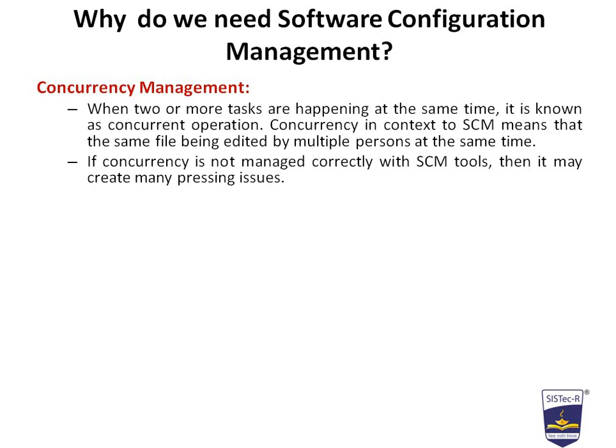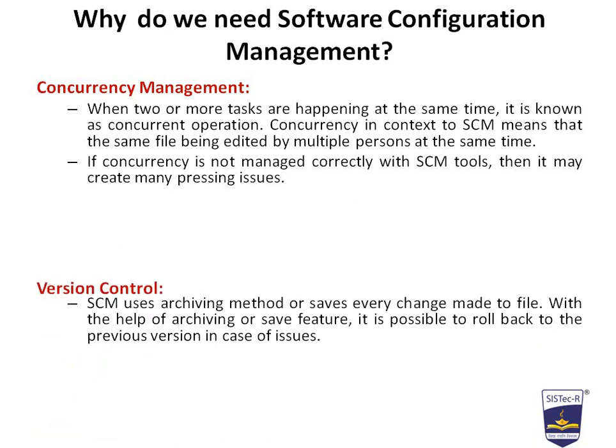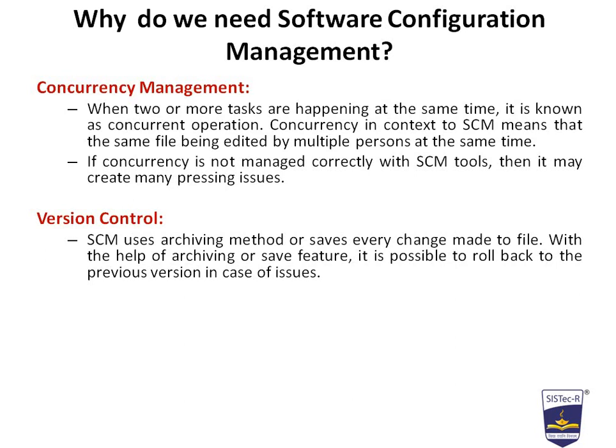So it is very important, because if multiple users are working on the same resource, then it could be a dirty read problem, or some other problems could happen where the file cannot be accessed because the first version can apply a lock on it. So many cases can happen in concurrency management that have to be addressed. The second one is version control.